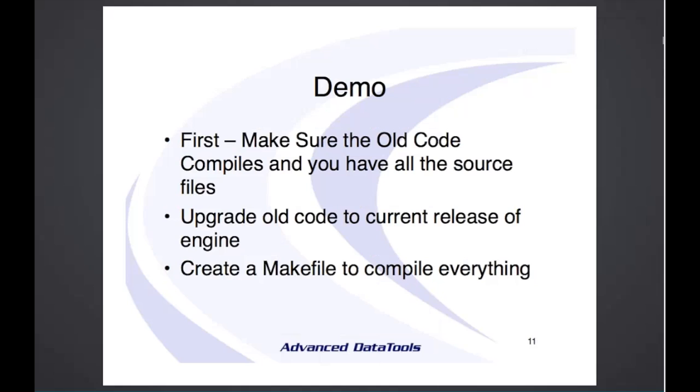Then the second thing is you need to upgrade the code, and there may be nothing involved here. With DB privileges, because we use the system tables, and the system tables have changed quite a bit from version 7 to version 9, 10, 11, and 12, I had to make a few changes in the old code to get it to work with version 12.